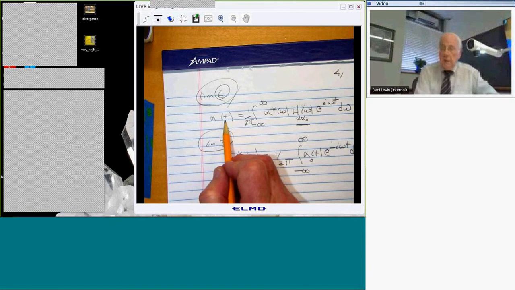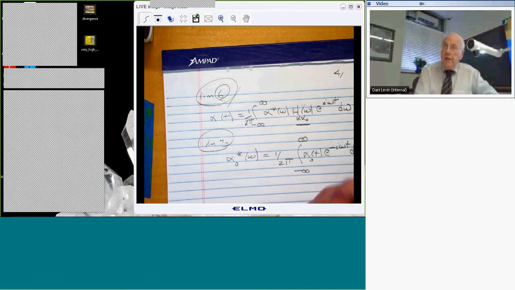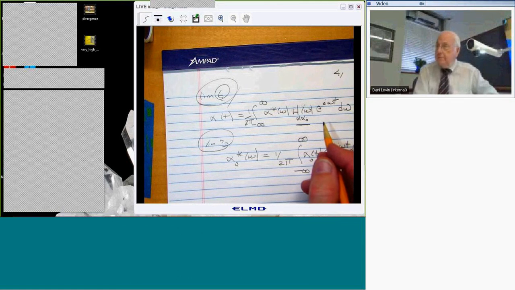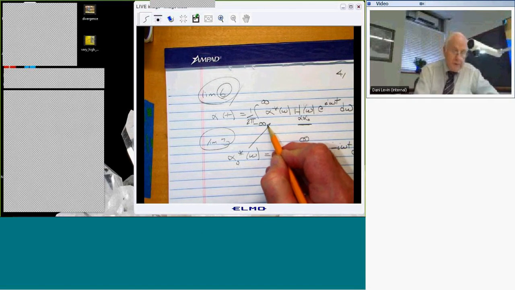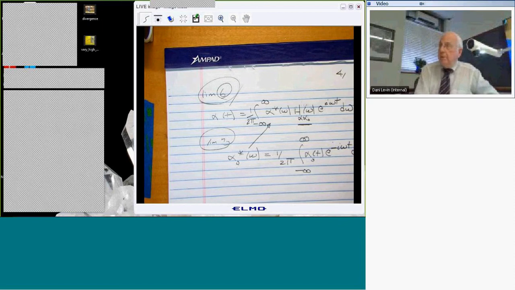But I could do another thing, which may not seem like a good idea if you haven't seen this before, but it is a really good idea. I can take this alpha star and put it in here and get something that's really interesting. Trust me. But when I do that, I have to be a little careful because why? Here I'm using t. It's an integral over time, and what appears on the left-hand side is really just a function of frequency. And on the end up here, I have another t, which is the time at which I want to know alpha.